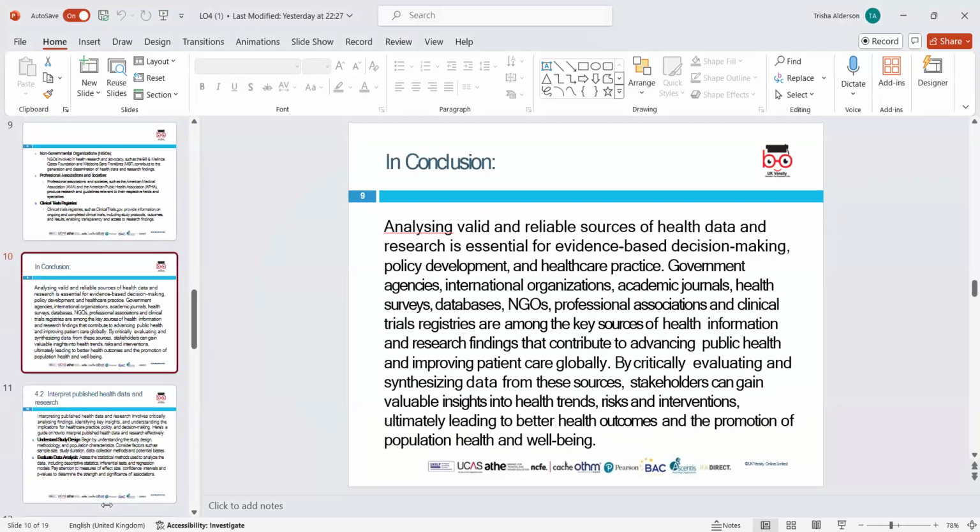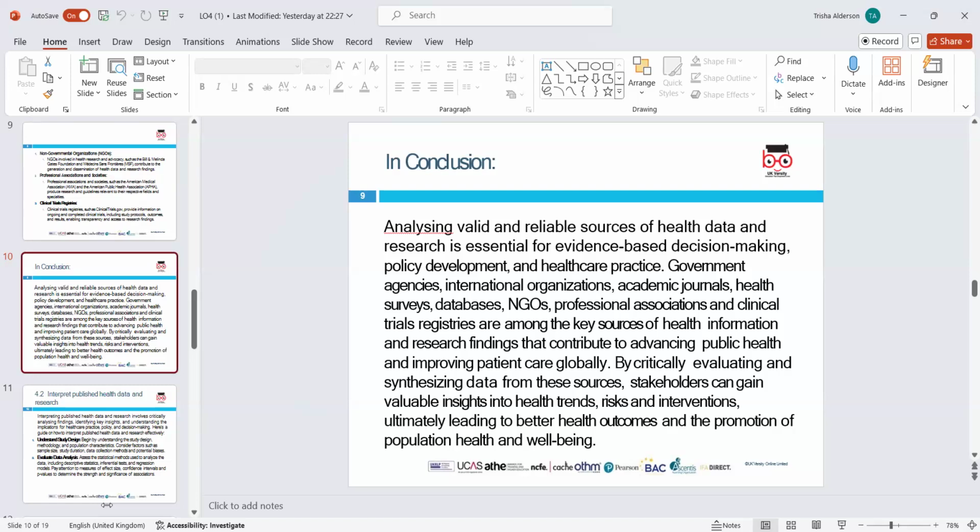So in conclusion to that section, analysing valid and reliable sources of health data and research is essential for evidence-based decision-making. It's really important that you have the evidence base. Policy development comes from analysing the data, and healthcare practice also comes from that.